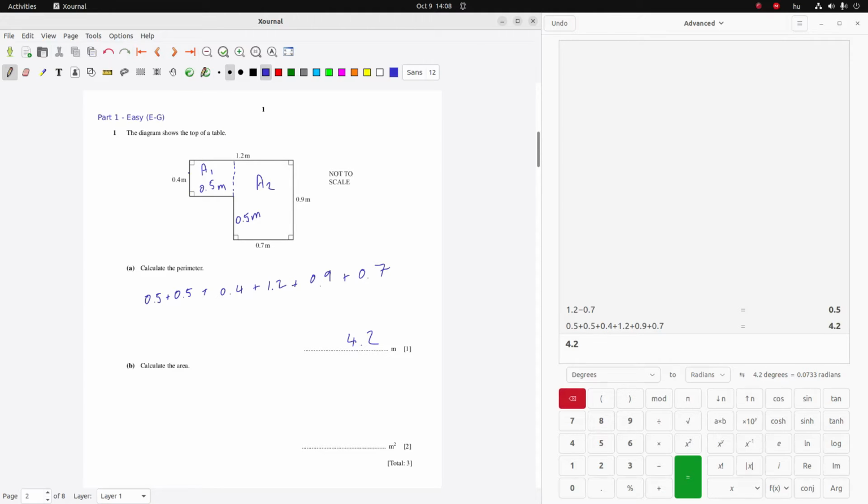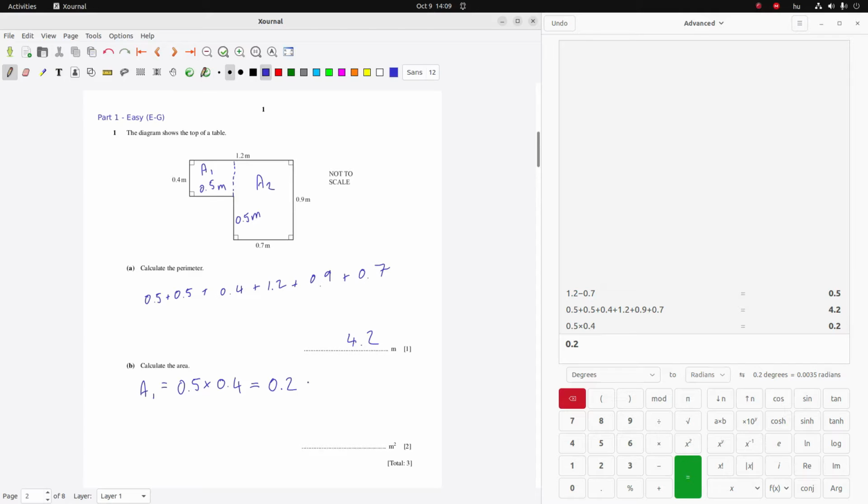So we get area 1, 0.5 multiplied by 0.4 equals 0.2.